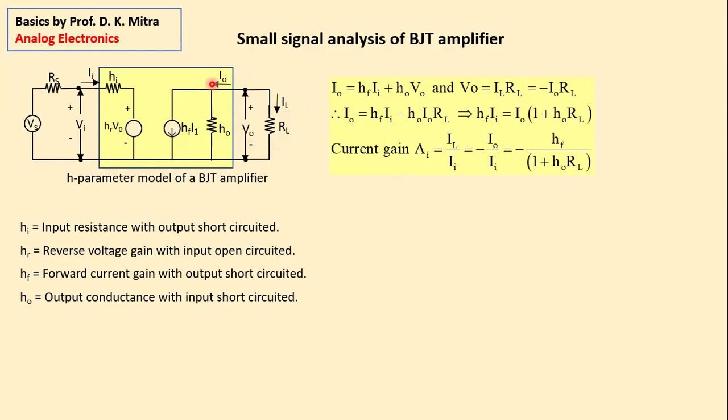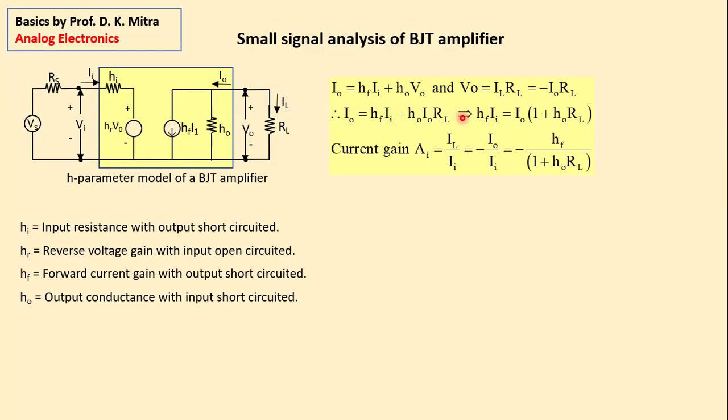IL and IO are in opposite directions as per the convention. Do not break convention, then you will be in soup, right? VO is equal to IL RL, but IL is opposite to IO. So IL RL is equal to minus IO RL. So this VO can be replaced by minus IO RL. So IO is equal to HF II minus HO into IO RL.